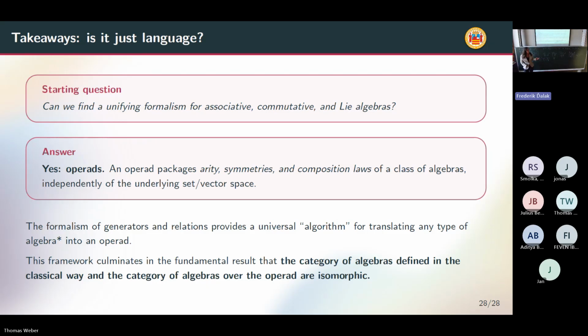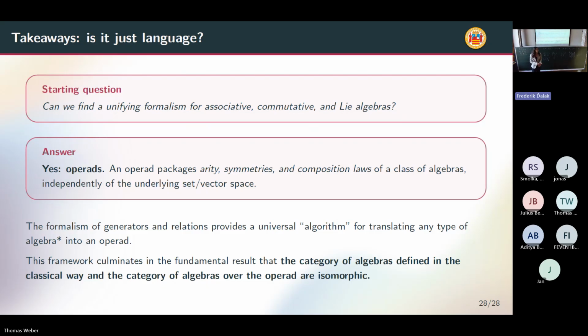And by means of operads, you can actually model any algebraic structure with multilinear operations and one output. If you think about an algebraic structure with multilinear operations and one output, you can of course construct an operad which models this kind of structure.